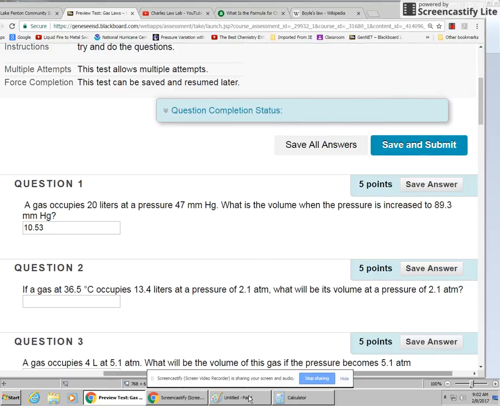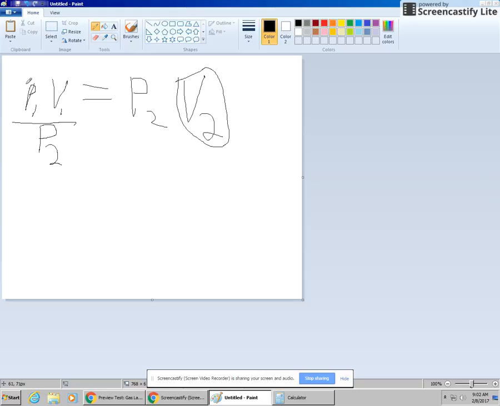Now remember, ladies and gentlemen, before we look at the answer, P1 is given, V1 is given, we're solving for V2, and P2 is given. So without doing all the crazy cancellation stuff, you just do the opposite.